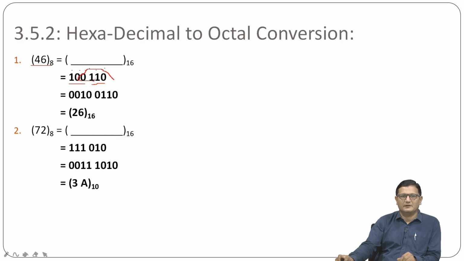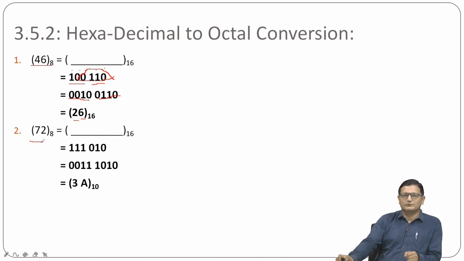It is 0110, right? So 0110, and whatever is left, that is 10, that 10 you write down here. Now to complete the pair of 4 bits, we are appending 2 more zeros, right? Now this is the binary of which hexa digit? It is the binary of hexa digit 2, and this is the binary of hexa digit 6, right? So 46 octal will be converted into hexadecimal, and for that you need to write 26, okay?